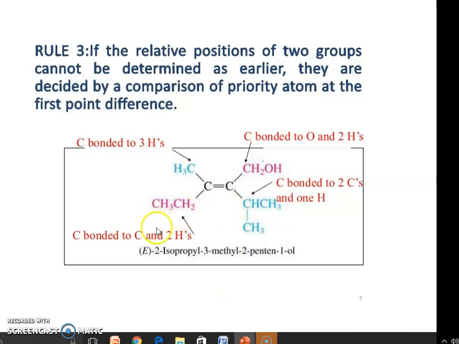In this case the carbon is bonded to 1 carbon and 2 hydrogens. Accordingly, the next atom at the point of difference is taken for assigning the priority. So this is rule 3.